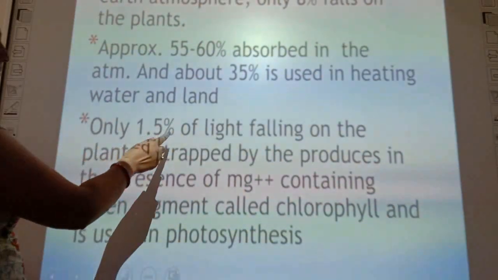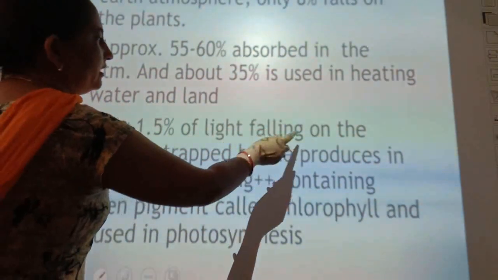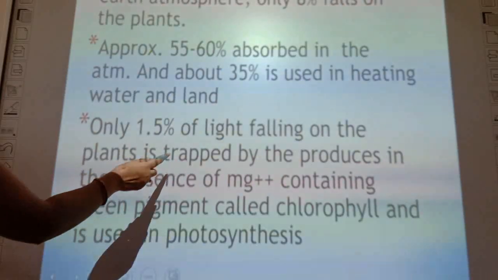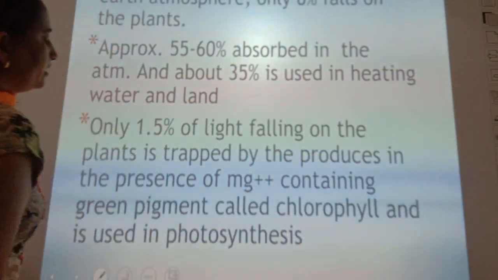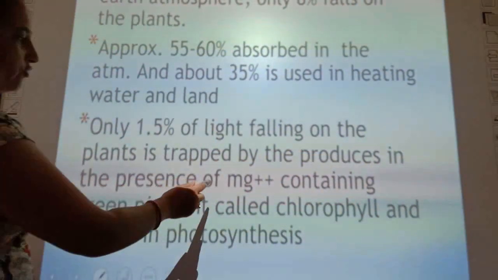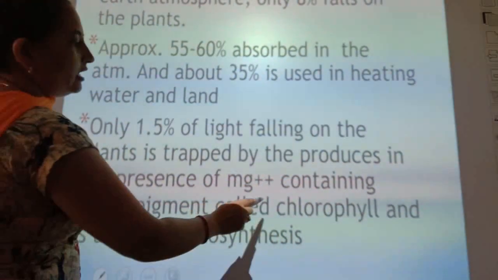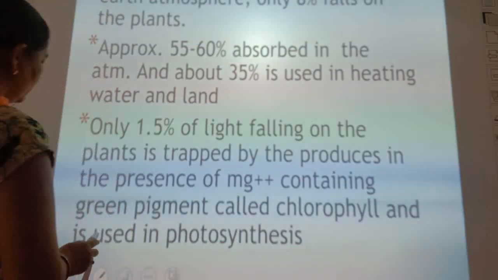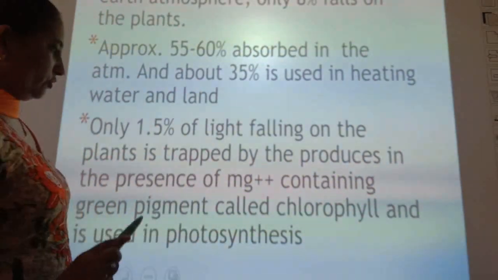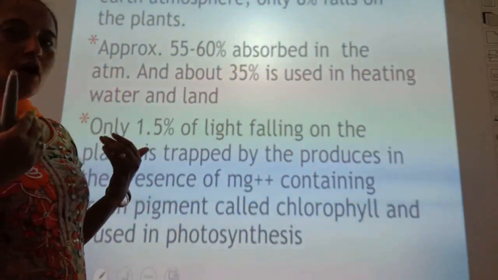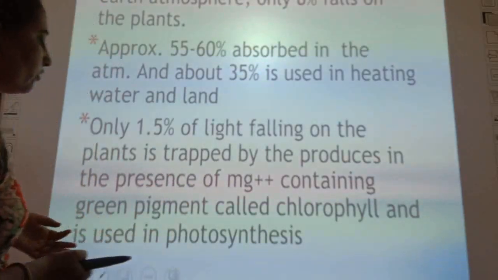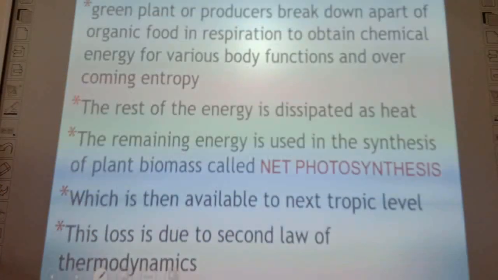Only 1.5% of light falling on the plant is trapped by the producer in the presence of the magnesium-containing green pigment called chlorophyll and is used in photosynthesis. As you already know the process of photosynthesis.